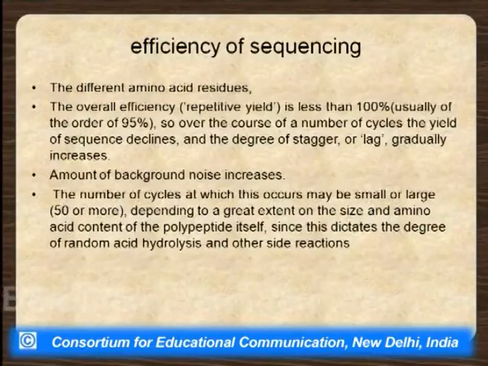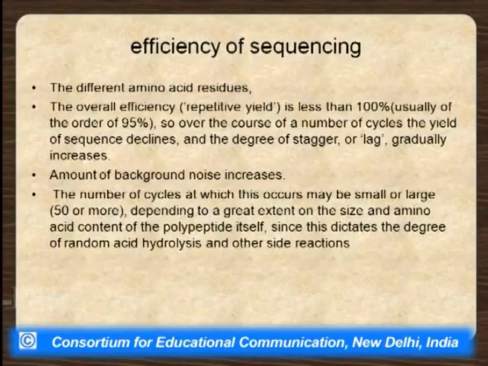So, the efficiency of sequencing differs for the different amino acids. How the labeling reagent reacts with an N-terminal amino acid may differ for a different amino acid, depending on its steric hindrance or maybe its reactivity. Overall efficiency is less than 100%, it is never 100%, usually it is around 95 to 96%.